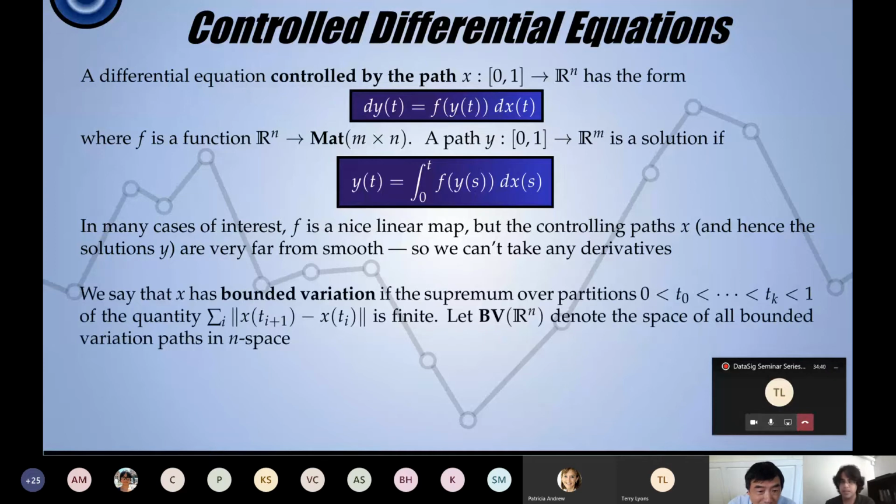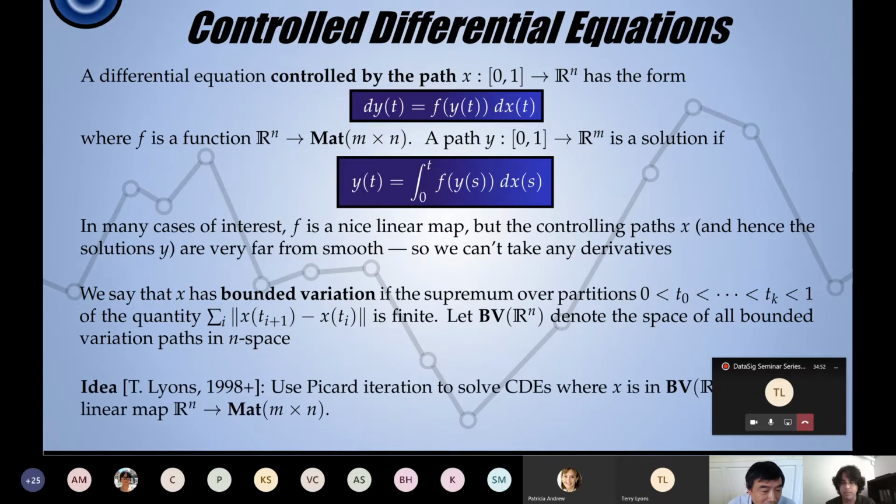So one interesting space of paths is the space of bounded variation paths, where over every partition, when you look at the successive differences and add up the norms of those, you get something finite. And Terry and company used Picard iteration to solve control differential equations, for instance, when x is in the space of bounded variation paths.